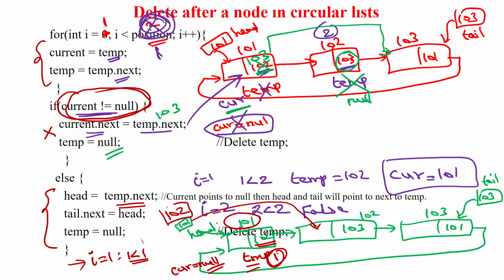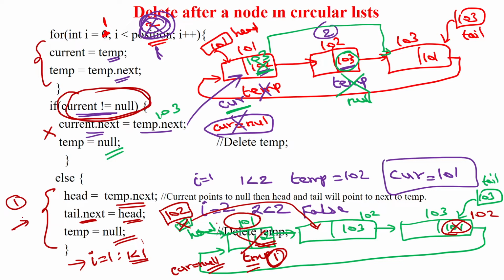Then tail dot next should be updated to the new head, which is 102. Finally, the first node held by the temporary variable is made null. This is the case when we delete the node at position 1 in the circular linked list.